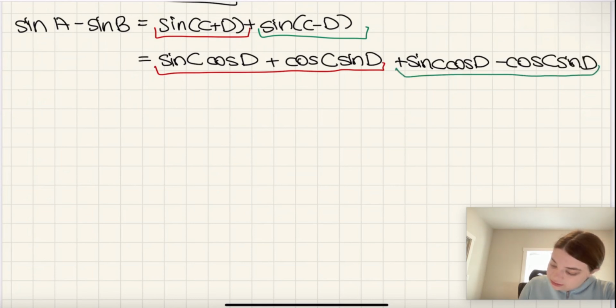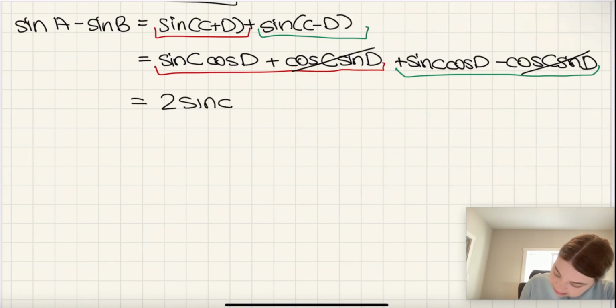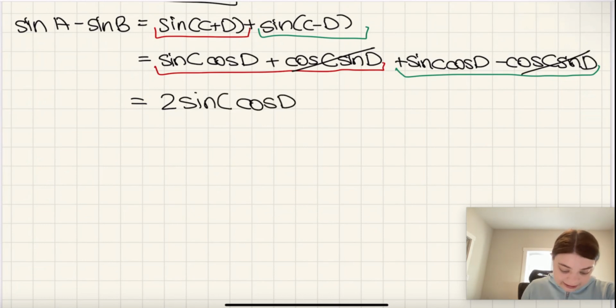Okay, now I'm going to cancel out cos C sine D and minus cos C sine D. And I'm going to add these two together and get that this is equal to 2 sine C cosine D, like that. And now all we need to do is substitute C and D back in.